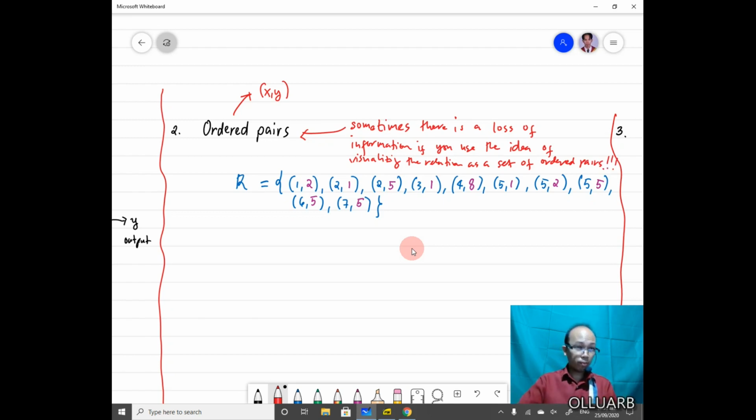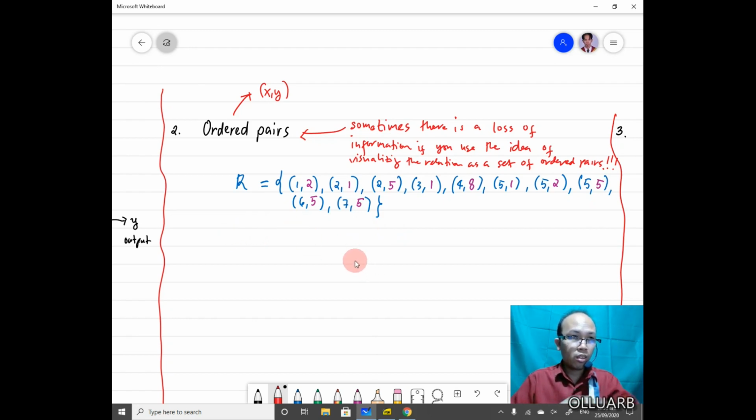Why? As you can see here, you can only recover the domain and the range. You cannot recover the codomain of the given.